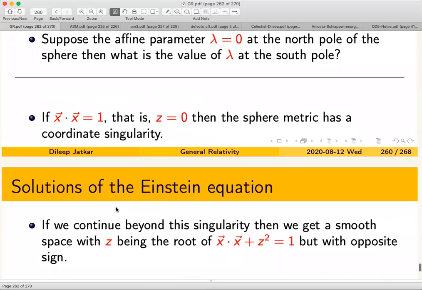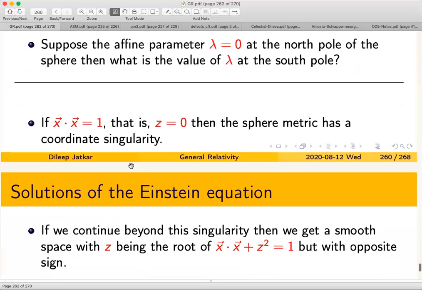So what one can do is just continue beyond this point. Remember, z had to solve a quadratic equation, which was of the 1 minus x dot x kind. Then z is equal to plus or minus the square root of 1 minus x dot x. So if z is taking positive values, then as you approach x dot x equals 1, z would vanish, and if you go beyond that, z would change sign.